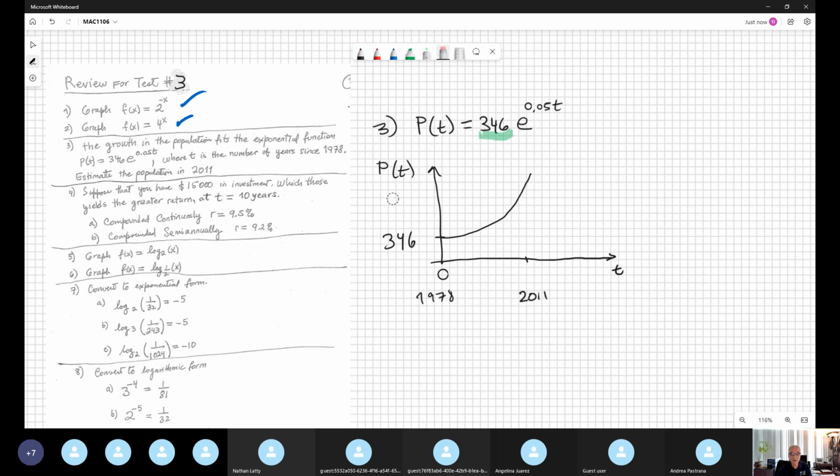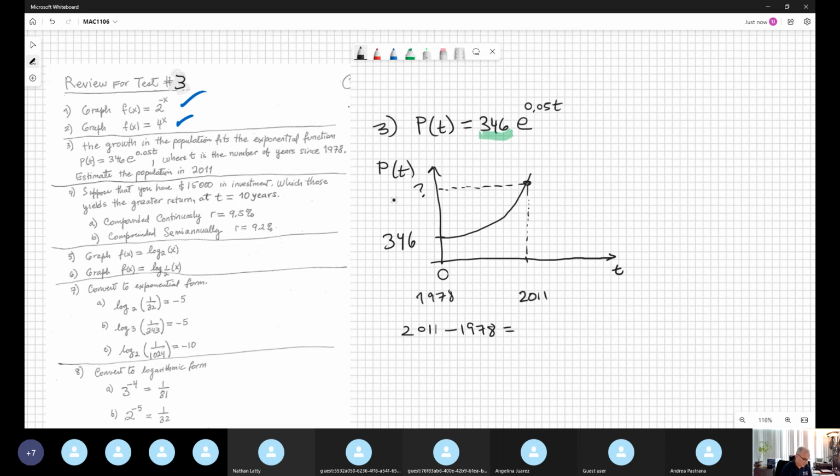This is the thing I want to find: what is the population in 2011? So I put in my calculator immediately: 2011 minus 1978. How many years is this duration?